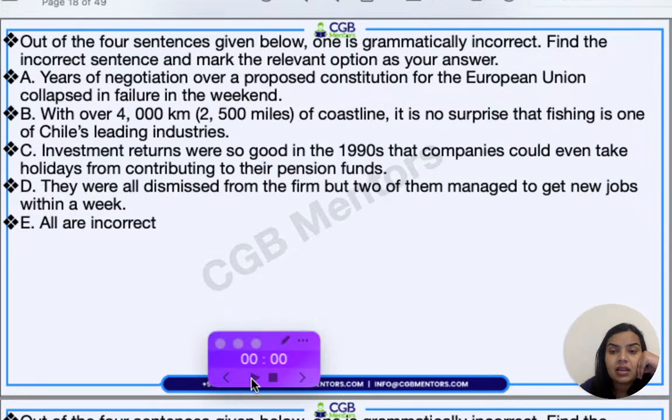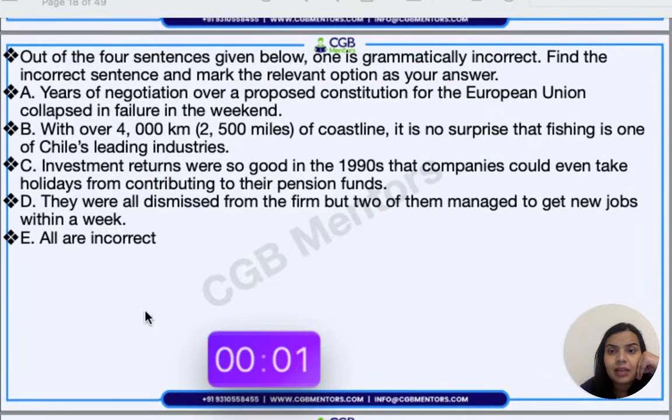This is a lengthier question. I want you to take a little time, go through it nicely, and then answer.